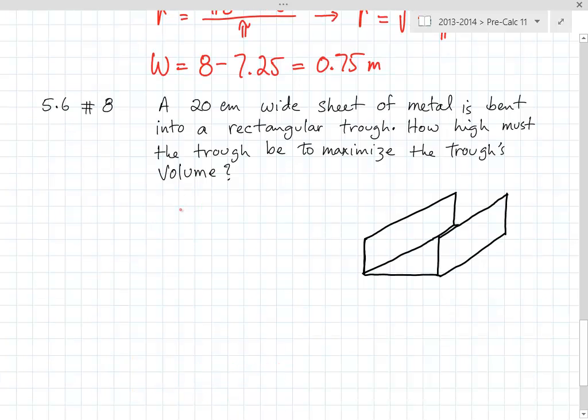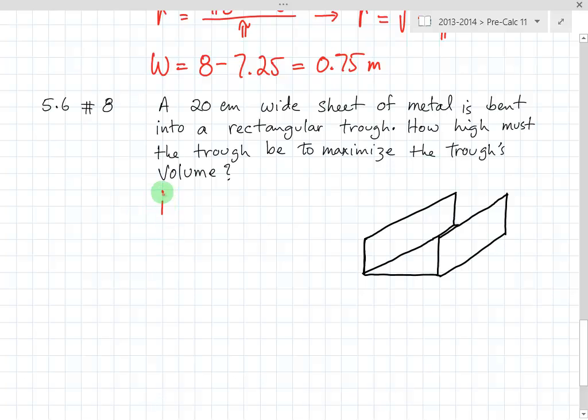Okay, so a 20 centimeter wide sheet of metal is bent into a rectangular trough. We want to know how high must the trough be to maximize the trough's volume. First of all, the trough's volume is maximized when the cross section is maximized.